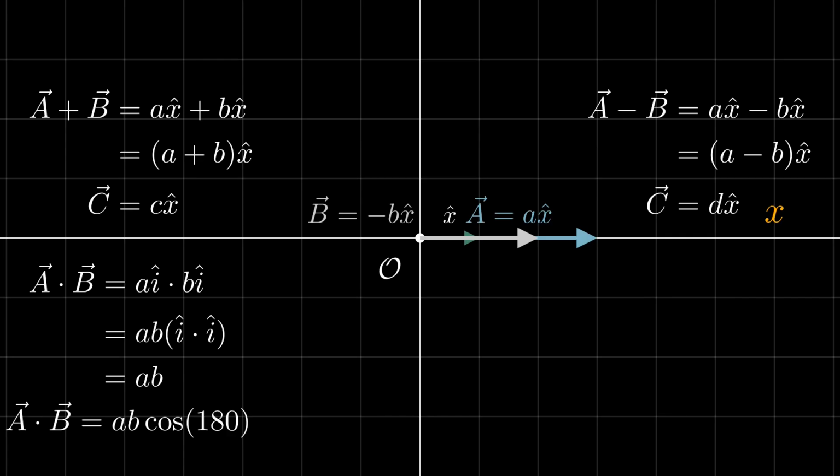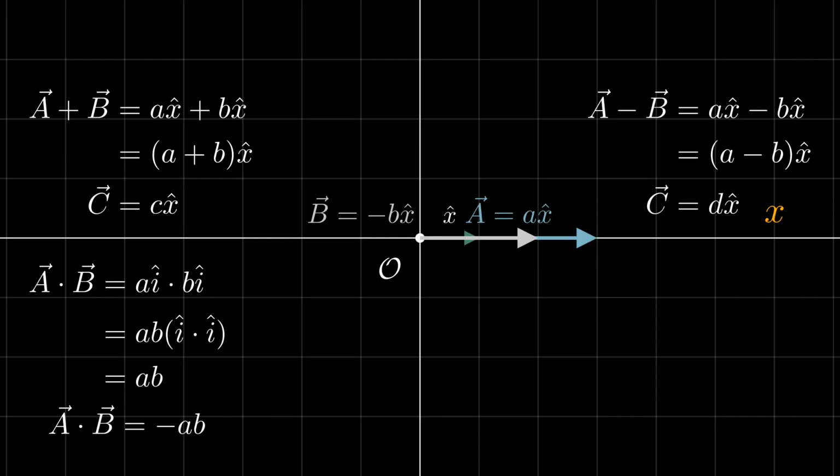Another way to build the scalar product is through the modules of the vectors involved and the smallest angle between them. In this case, we would have AB times the cosine of the angle theta between them. If the vectors are aligned, then theta is equal to 0. But if they are anti-aligned, we will have theta equal to 180 degrees.